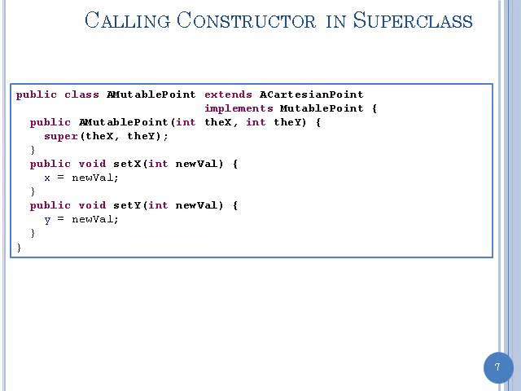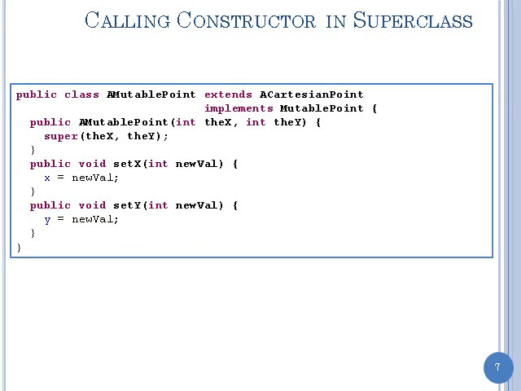In Cartesian point, I had two constructors, one that took polar coordinates and one that took Cartesian coordinates. The constructor with the polar coordinates is no longer visible to instances when instantiating a mutable point. We've just hidden it. Even though it's inherited and available for us to call, it's not automatically available, and we'll have to define another constructor that takes those two parameters and says super, and then it becomes visible.